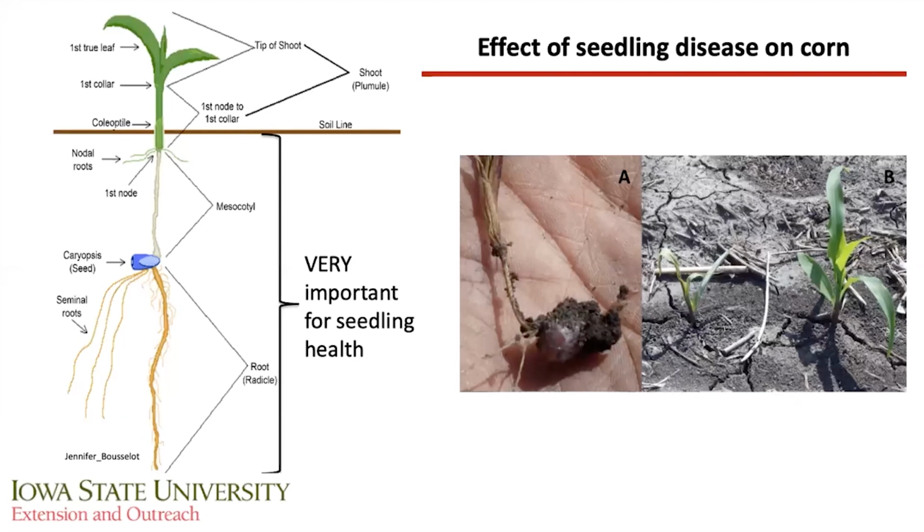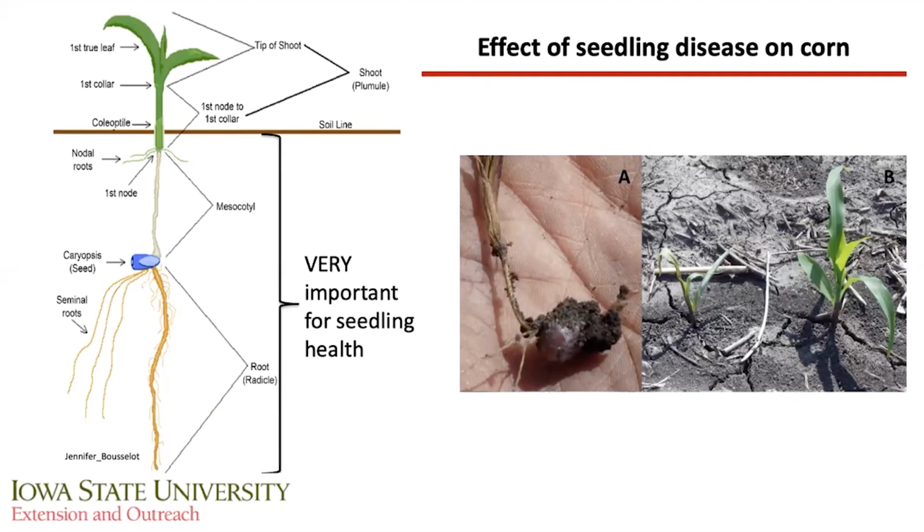Okay, before I move on a little bit, I just want to talk about why seedling disease. Why are we so fascinated with seedling disease on corn in my lab? And so this picture just shows you what seedling disease can do. It can kill the seedling, but more importantly, what can happen is that if we get any damage to the mesocotyl or the seminal roots or the radical, that can affect the early growth of that seedling.